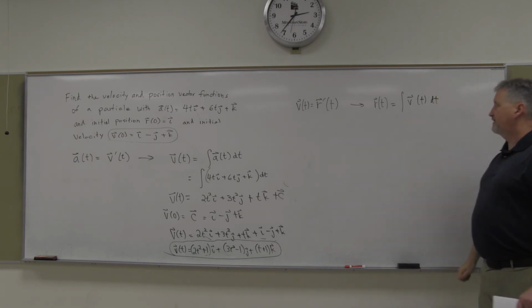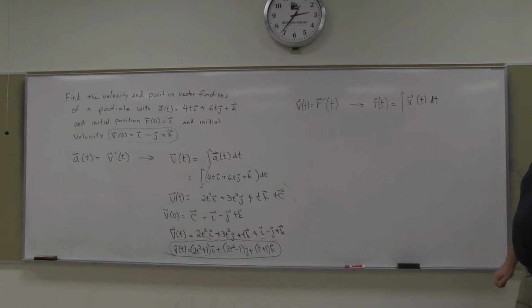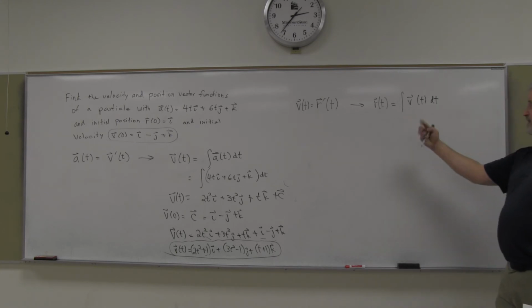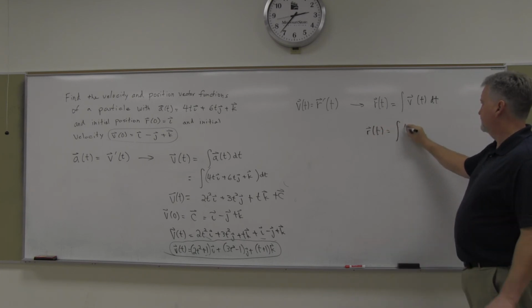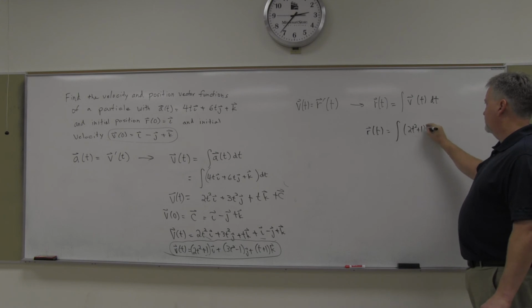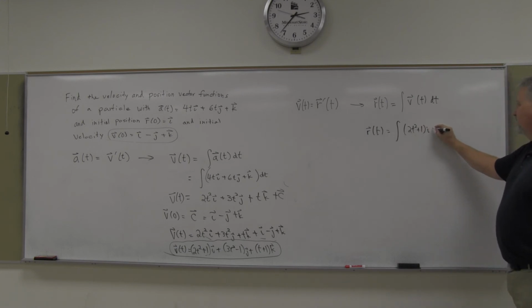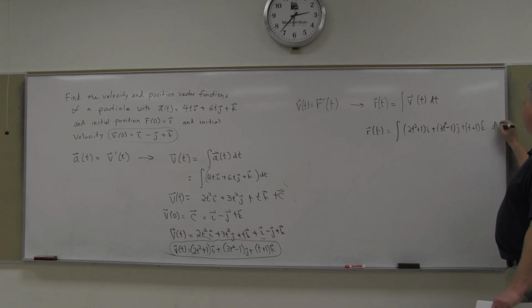So I step back, go the other way with that. If I do the integral of that, that'll give me r of t. So r of t is the integral of my vector function, which is what I've got down there: 2t squared plus 1 i plus 3t squared minus 1 j plus t plus 1 k. Okay. So take that integral right there, and that'll give you your position vector function.